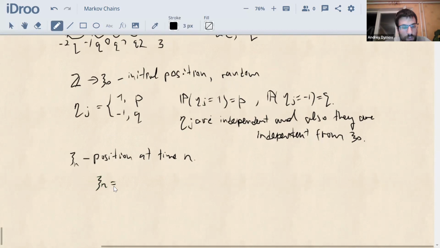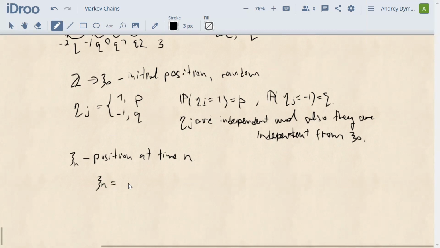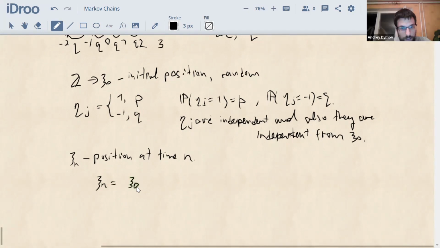I want to use the initial distribution and these random variables eta_j, which describe the result of my coin. Initial distribution plus the sum of all eta_j's. Yeah, so this is xi_0 plus the sum over j from 1 to n of eta_j.